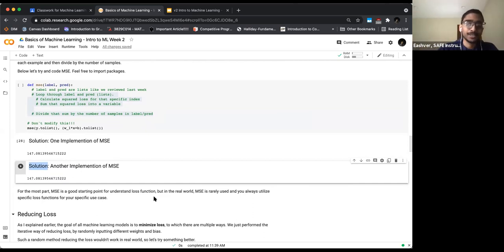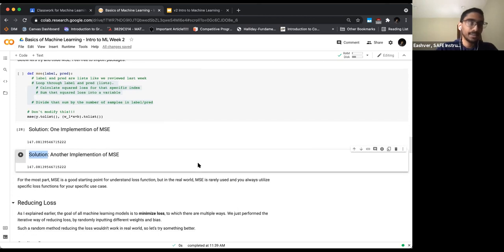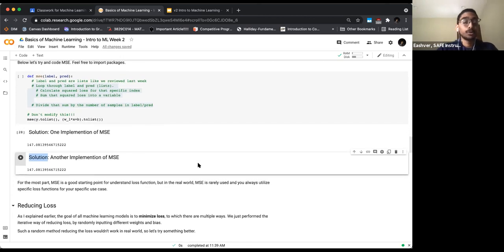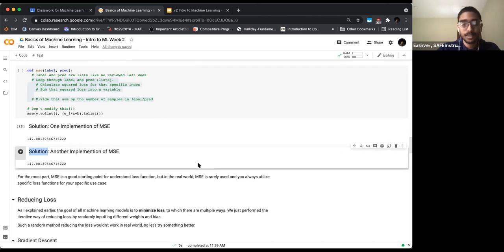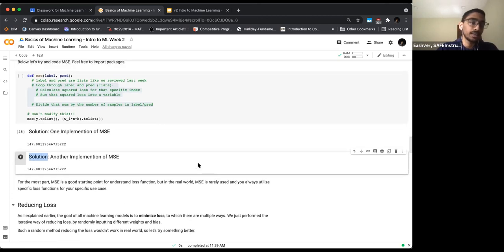And now we'll answer Julia's question from earlier: how do computers use this? As I explained earlier, the goal of machine learning models is to minimize loss. We just performed an iterative way of reducing loss, by randomly inputting different weights and biases and seeing whether the loss is lower.